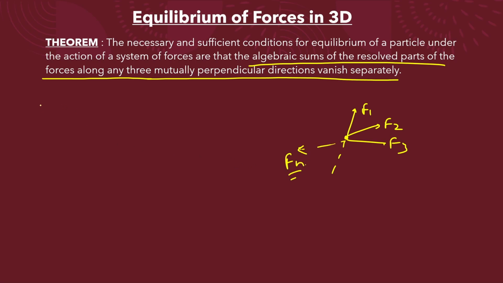Okay, so the resultant R will be given by R is equal to x i cap plus y j cap plus z k cap, which we have already discussed in the previous slide.